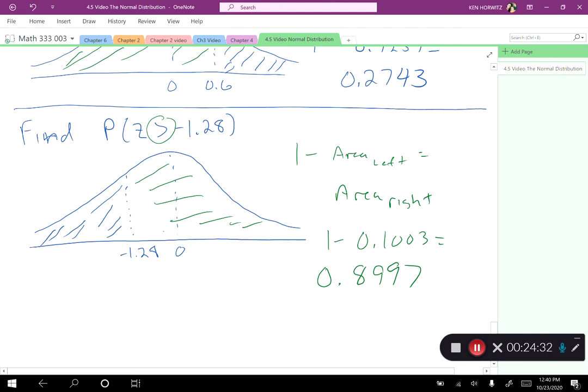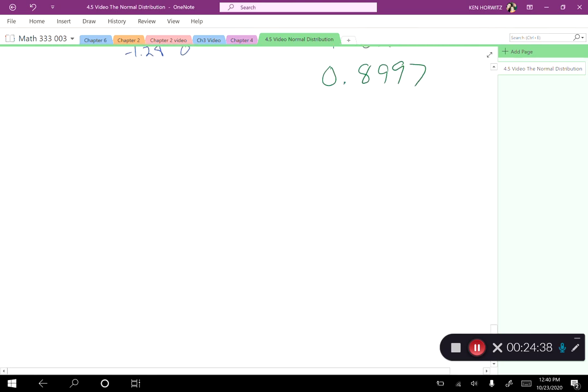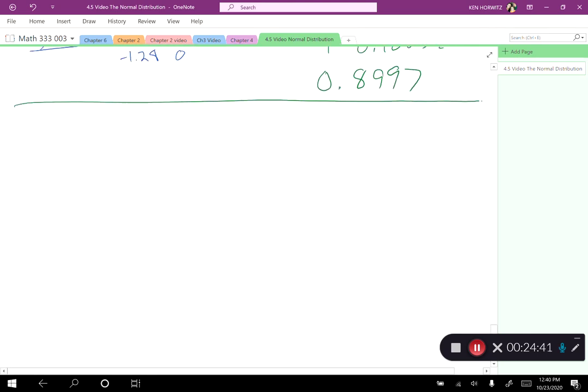All right. So now that we found area to the left and we found area to the right, maybe it's time to find an area in between. So my next example asks you to find the area between z equals negative 0.6 and z equals 1.23.